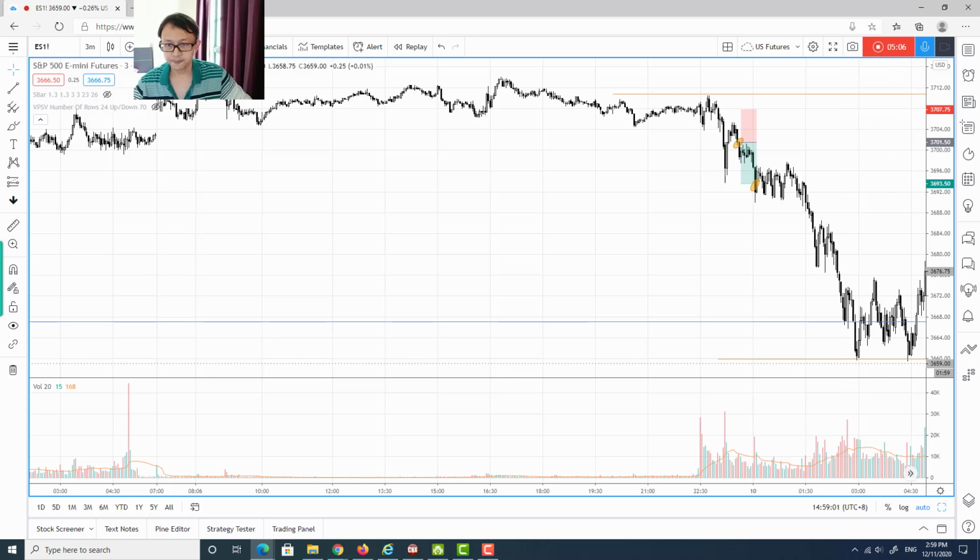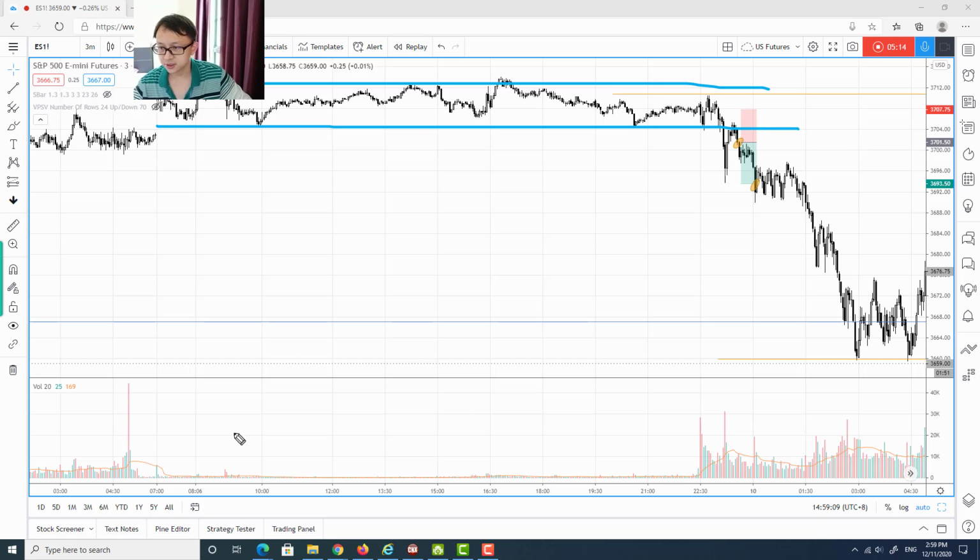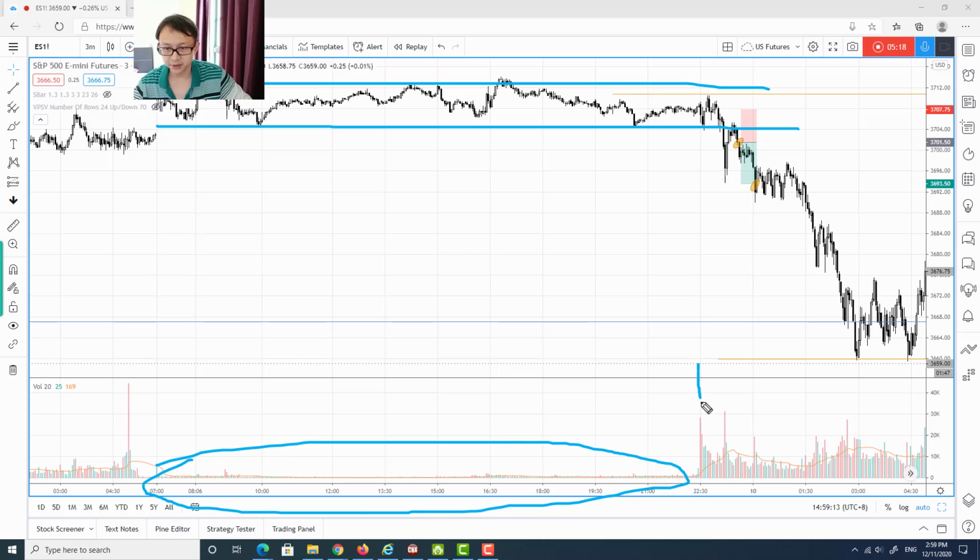So first of all, let me give you a bit of context. In trading, context is very, very important. So this is the Globex period just before the US market open. That's about 10:30 p.m. in my time zone. We see that prior to this US opening, it's right within this trading range.